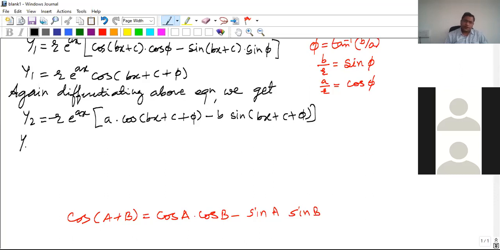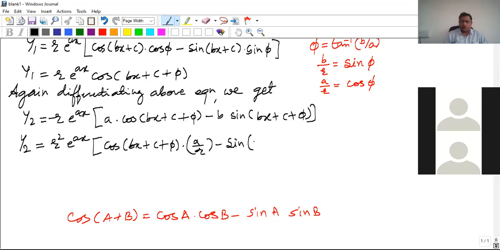So what I can do is I can again multiply and divide by r. So we can have r times r, again we are taking r, so it will become r square. So it will be cos of bx plus c plus phi into a by r, and this is minus sine of bx plus c plus phi into b by r.